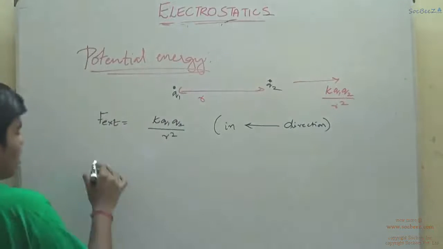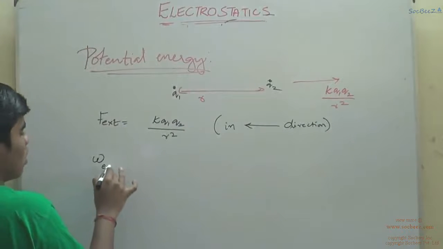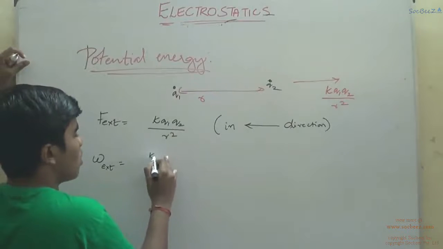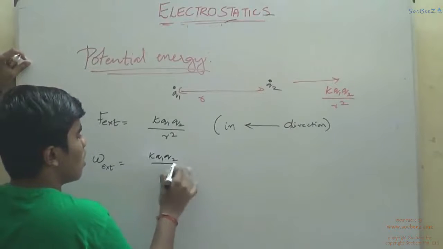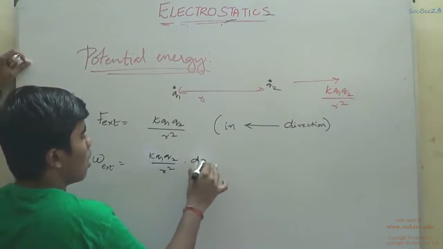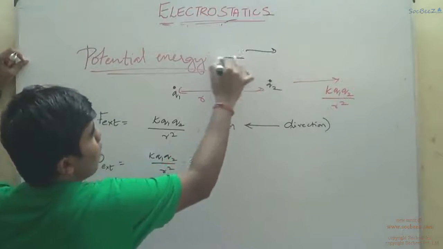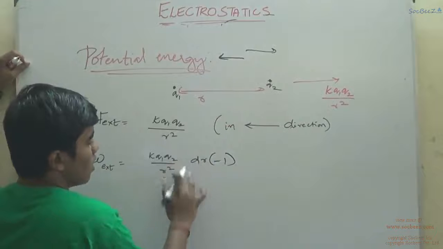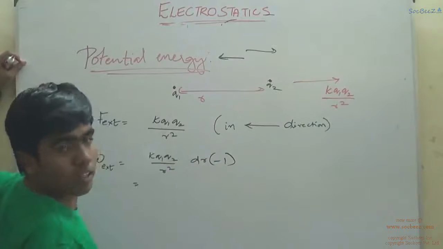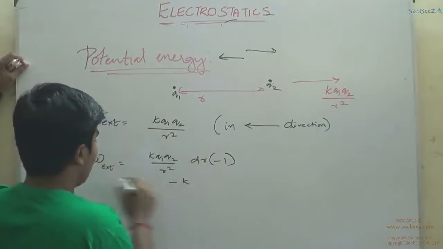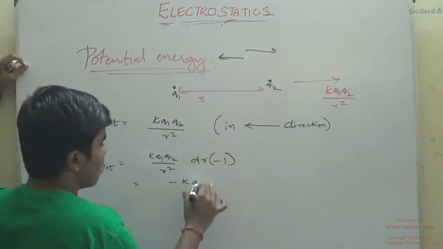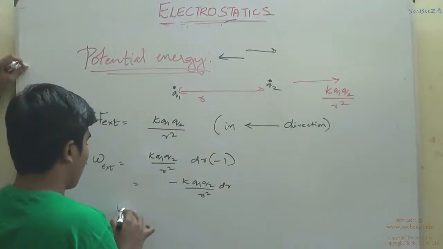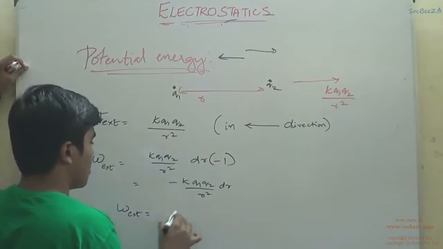Now what is the work done by the external force? F dot dr, which is equal to, now see, dr is in this direction and F is in this direction. So since they are anti-parallel, we include a -1 here, because cos 180 degrees will be minus. So this is small work done. Now we integrate it from infinity to R and get the expression.